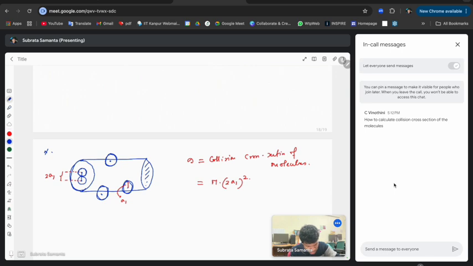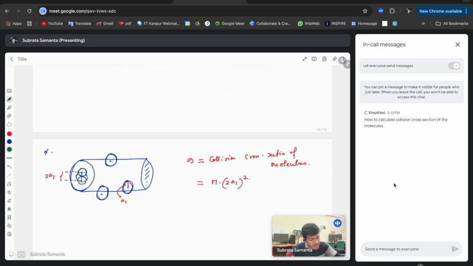Let's see. So this is the effective area, and the collision cross section is the area of this.